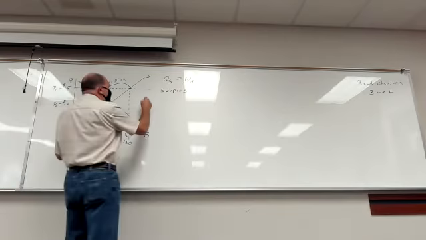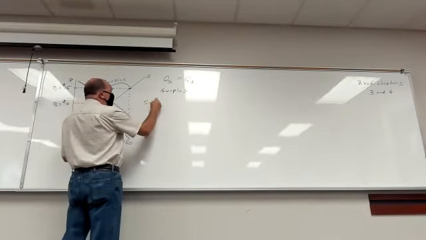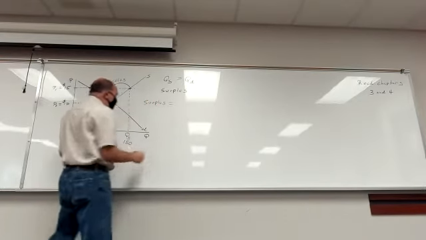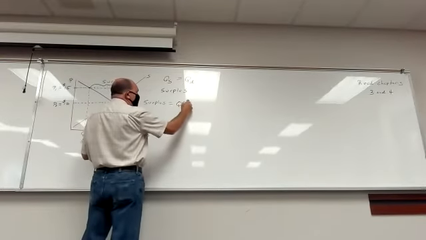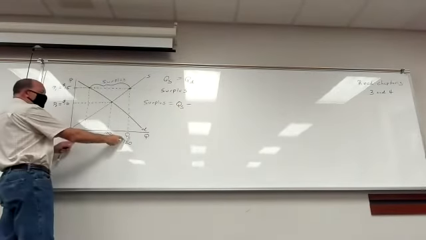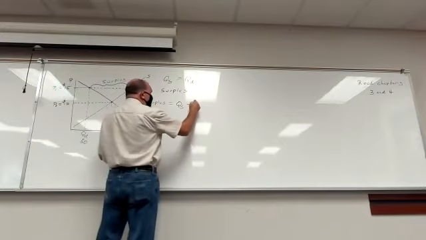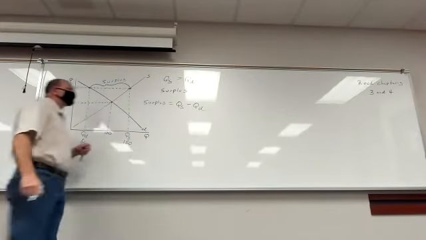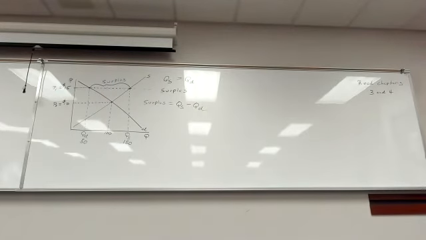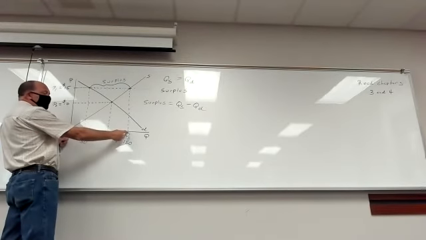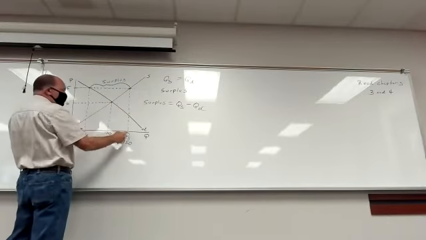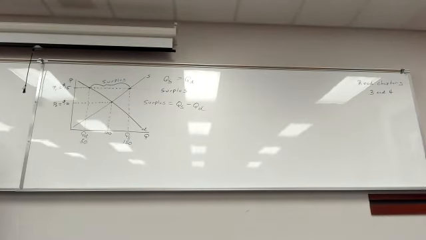So in this case, the surplus is equal to the quantity supplied minus the quantity demanded. That gives you the distance between the curves.